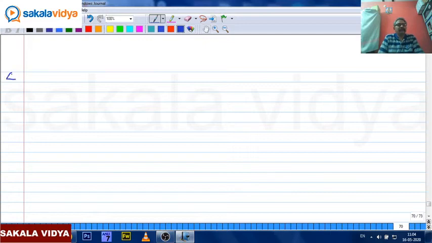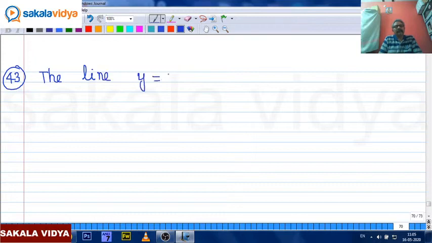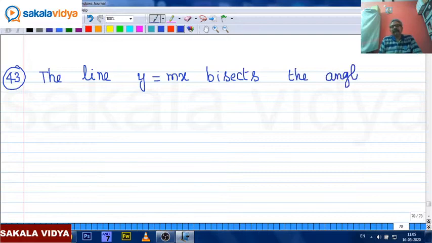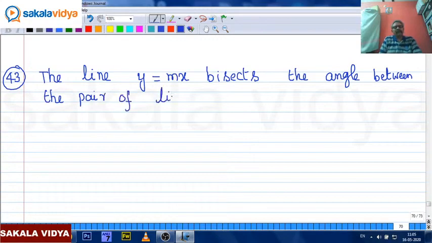Okay, now 43. The line y equal to mx bisects the angle between the pair of lines ax² − 2hxy + by² = 0.